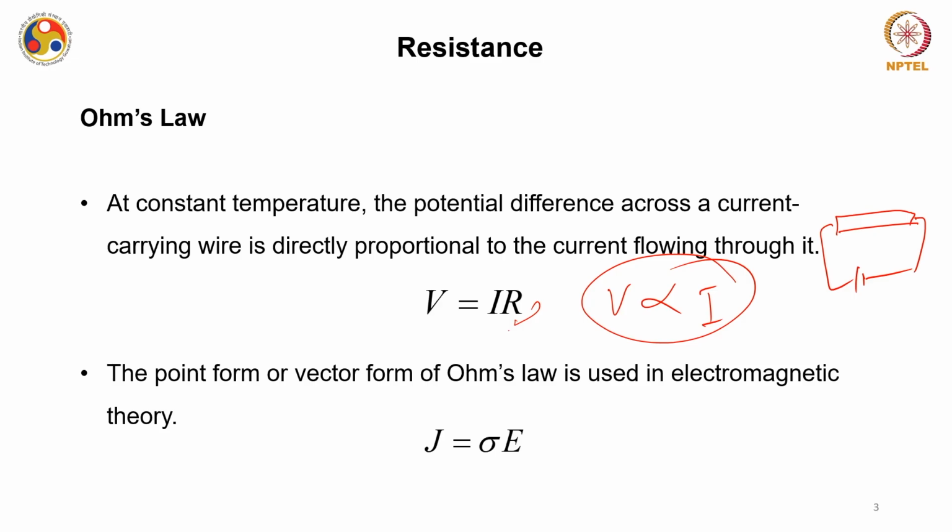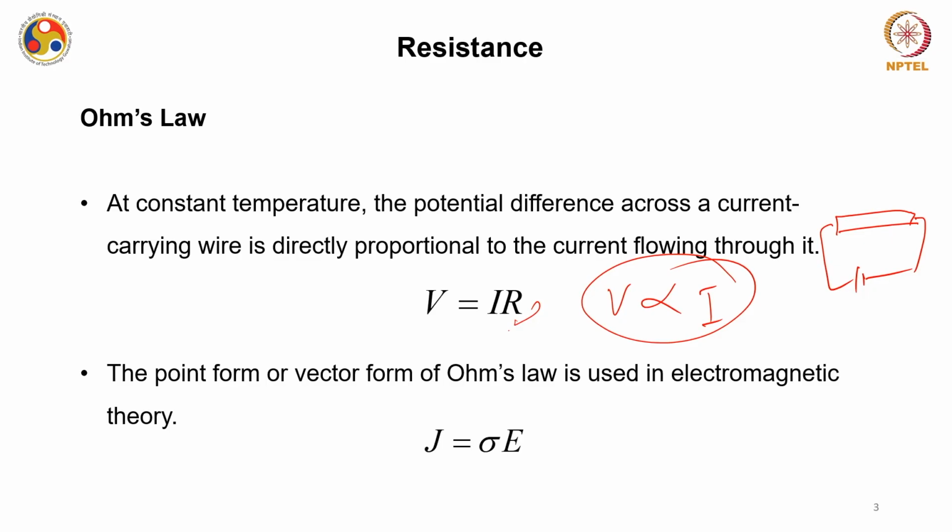However, there is one more definition of Ohm's law, which is known as the point form or vector form of Ohm's law. The point form or vector form of Ohm's law is used mostly in electromagnetic theory, and it says that the current density is directly proportional to the electric field.